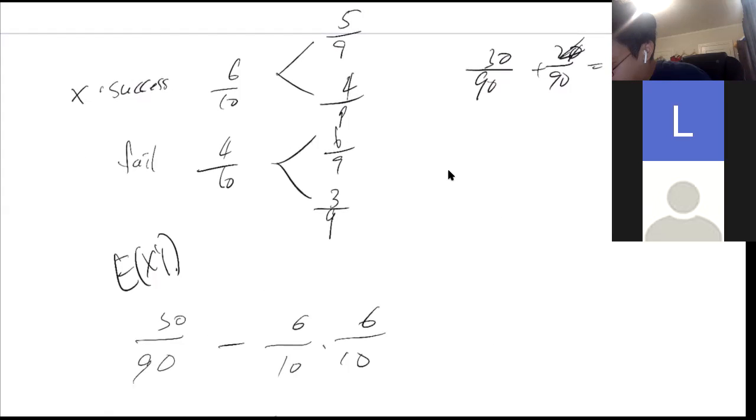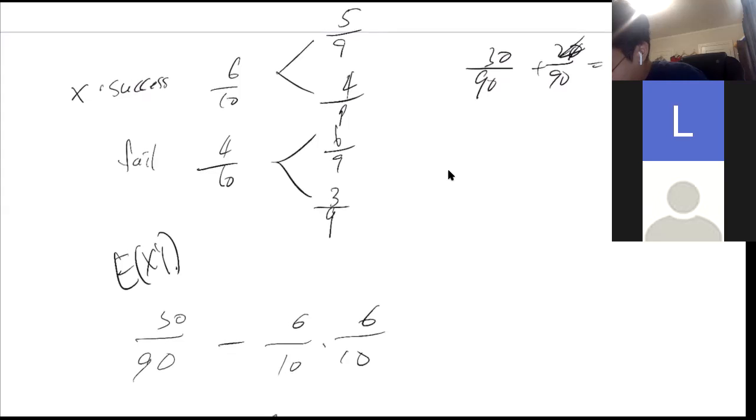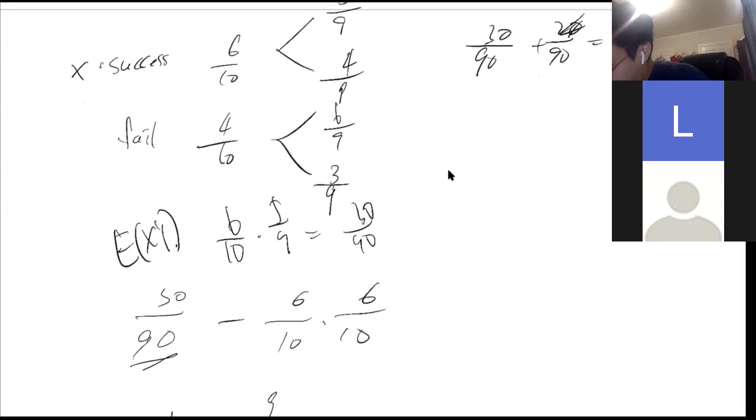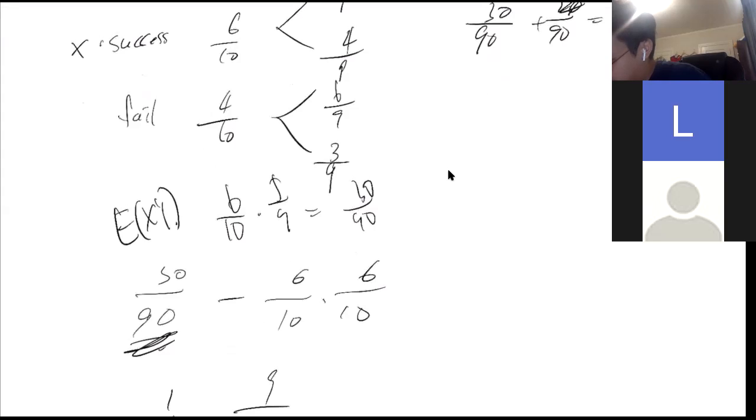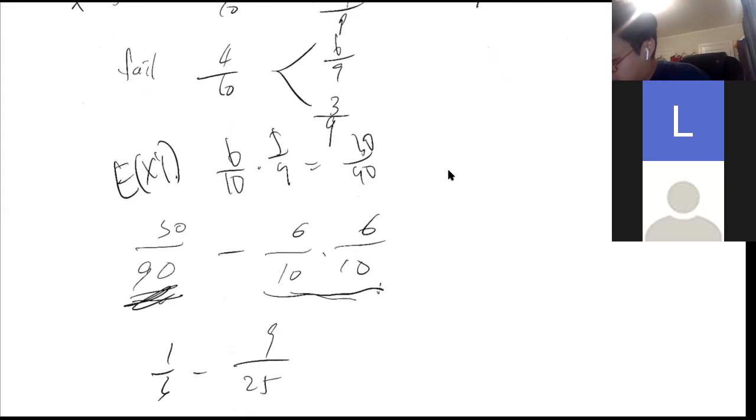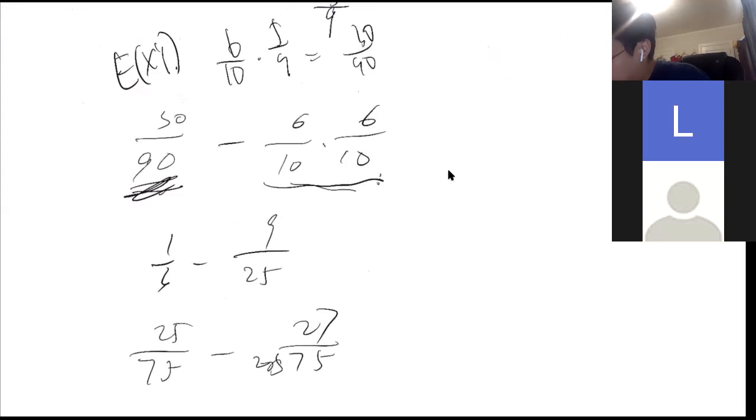That's what I mentioned on the previous page. So it's just 6 over 10 times 5 over 9, which is 30 over 90, which is the number here. And expectation of x and y, since they are Bernoulli variables, is just their probability. So the covariance is this minus this, and that's just negative 2 over 75.